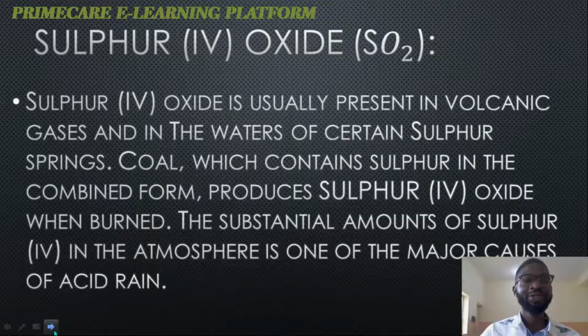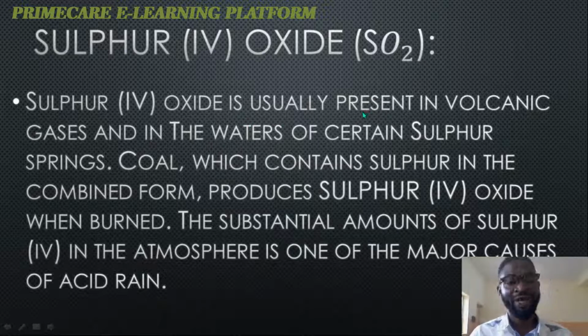Now, number two is sulfur 4 oxide. Sulfur 4 oxide is usually present in volcanic gases and in the waters of certain sulfur springs.